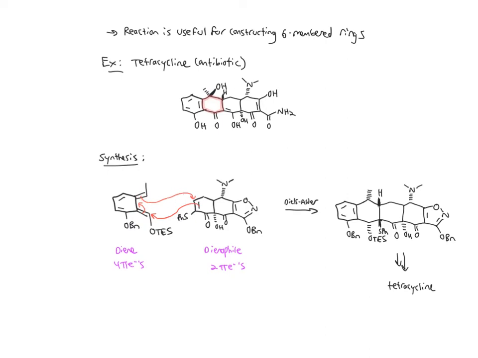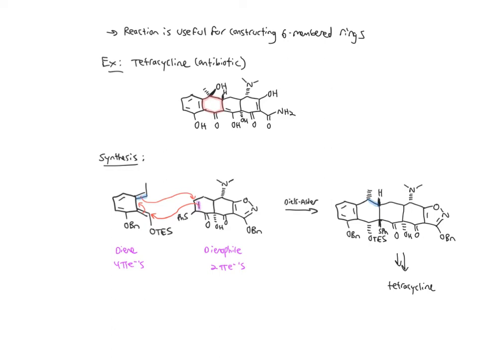And so if we were to highlight where all the electrons are tracing to in this reaction, let's first highlight this first one up here. Those electrons from that pi bond, they're going to end up over here, making that sigma bond of the ring. And then we have our 2 pi electrons from that other component.